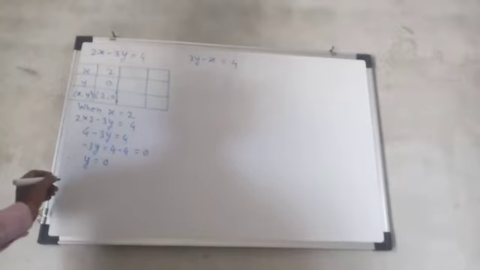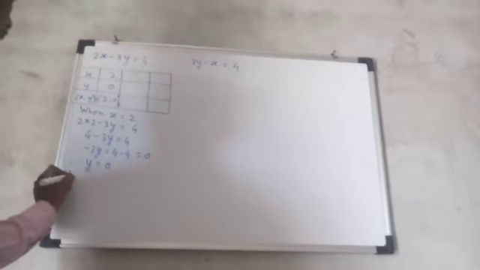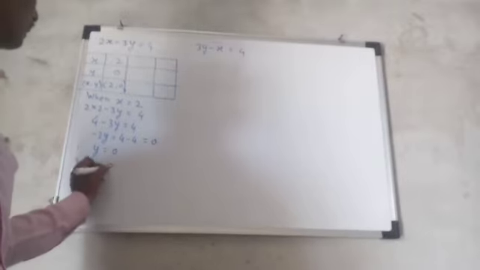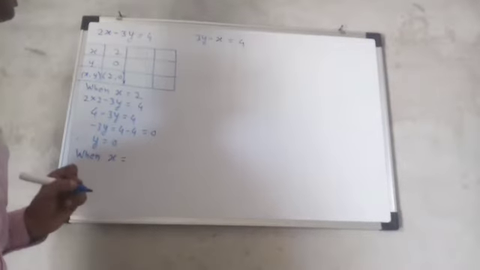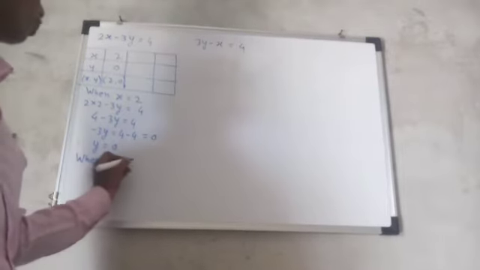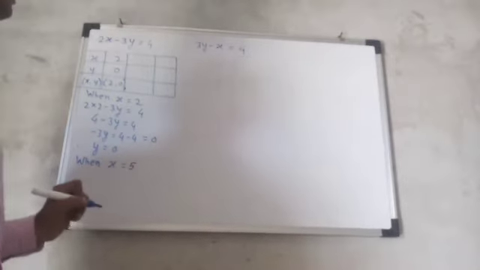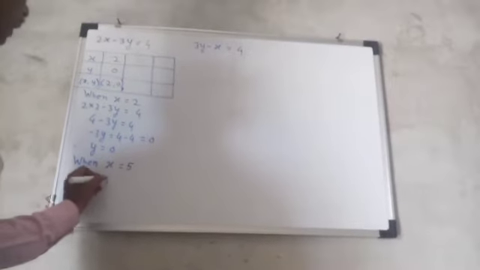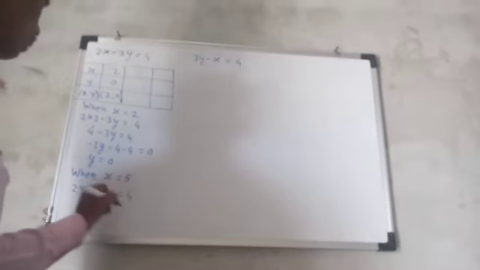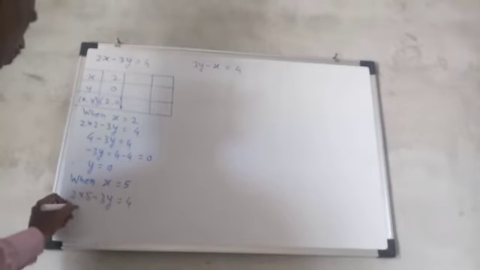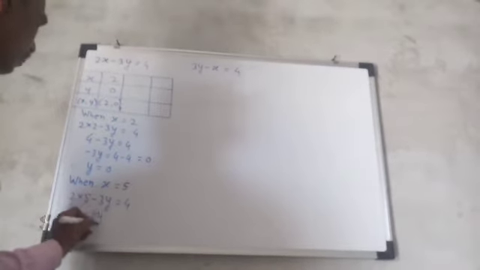Secondly, when x is equal to 5, 2 into 5 minus 3y is equal to 4. 2 fives are 10 minus 3y is equal to 4.